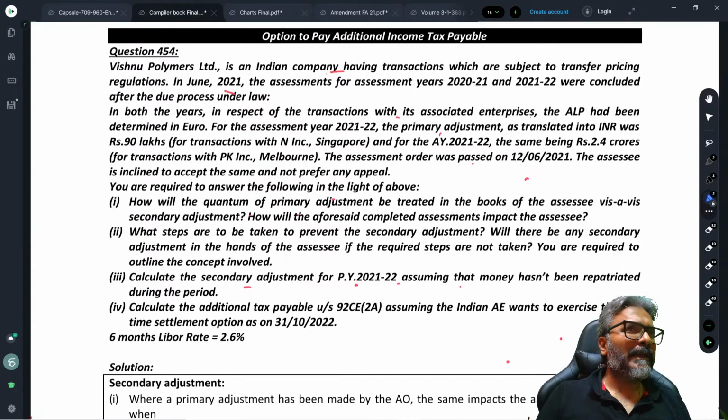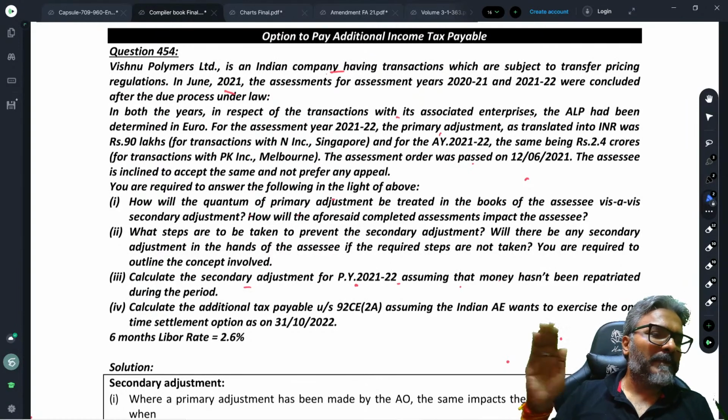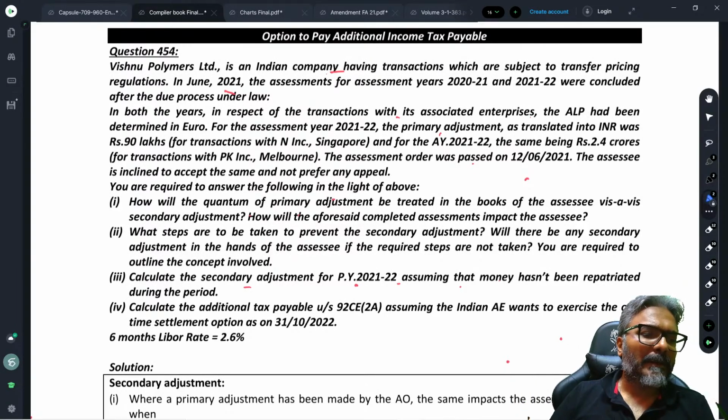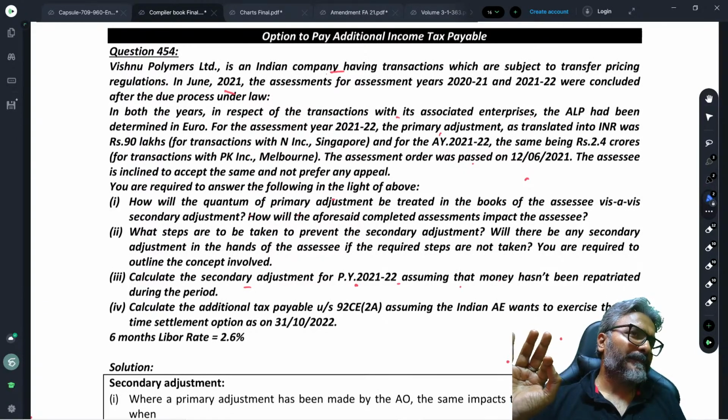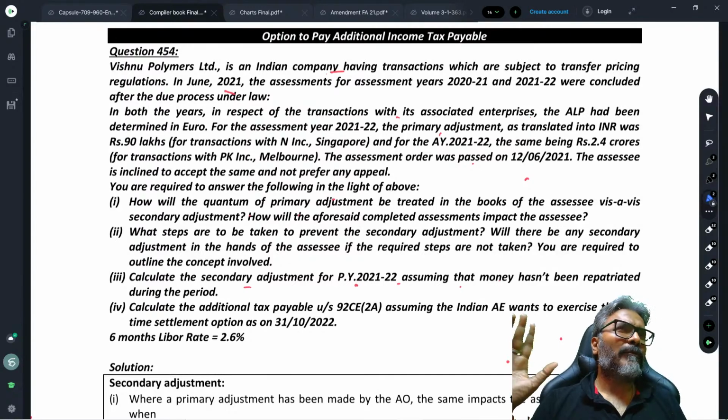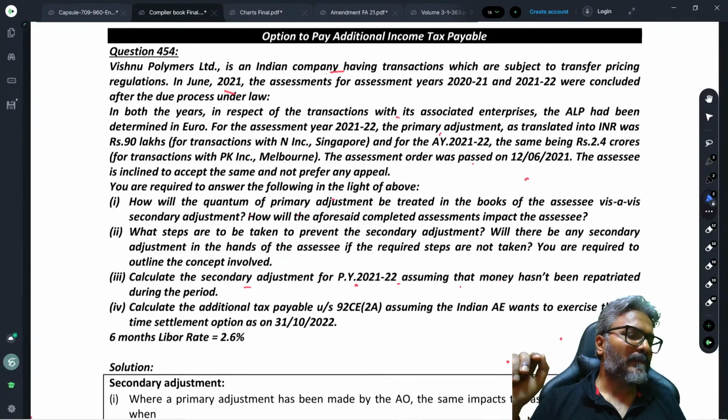After that topic, penalty, I'll not do right now. Then I'll switch to PGBP. I want to keep 3 topics for the end: charitable trust, TDS and TCS, and penalties.